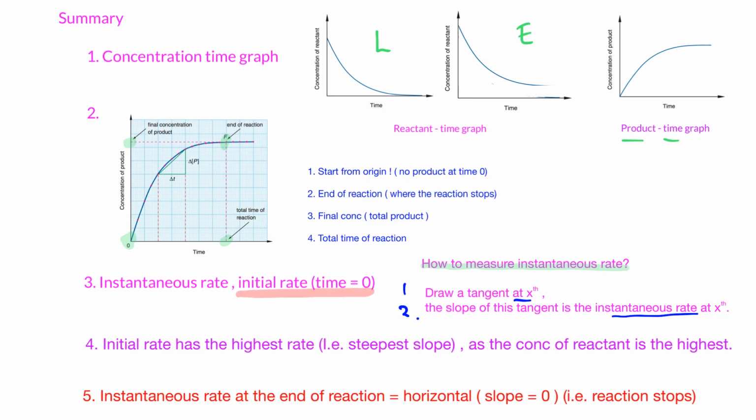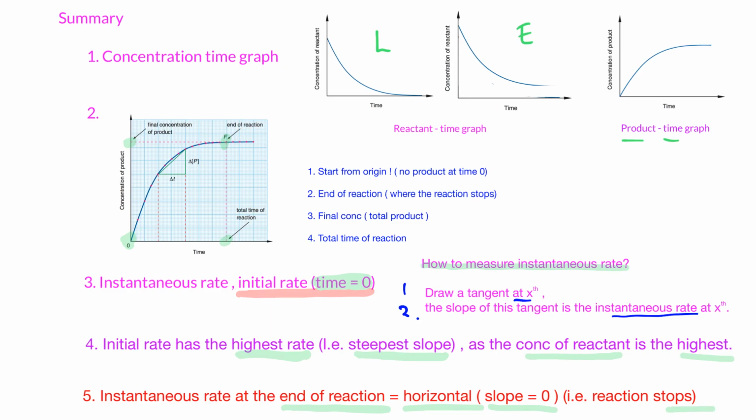Remember, initial rate refers to the instantaneous rate at time equals 0. The initial rate must be the highest rate, that is the steepest slope, because at this moment the concentration is the highest. And for the instantaneous rate at the end of the reaction, the slope will be 0, the tangent will be horizontal because the reaction has stopped.